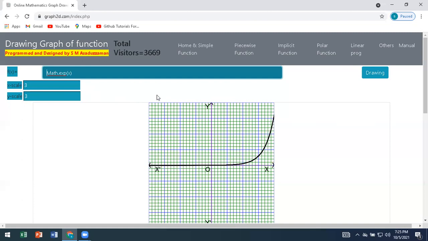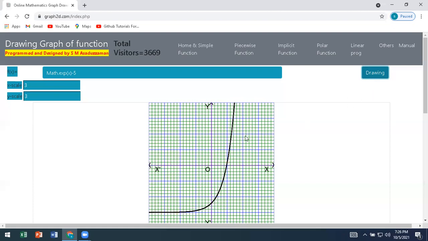If we draw the e to the power x plus 5 graph, we type Math.exp x plus 5, or minus 5. Press the drawing button, we get the e to the power x minus 5 graph.